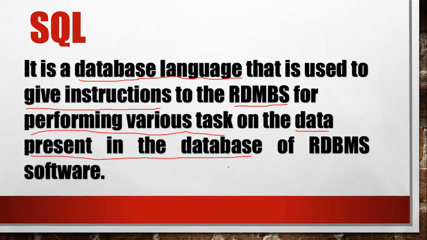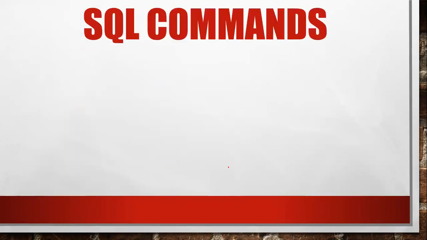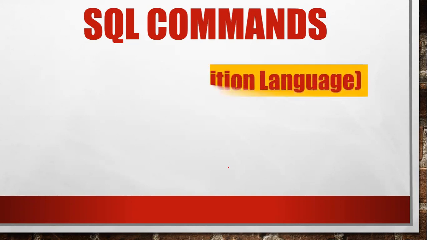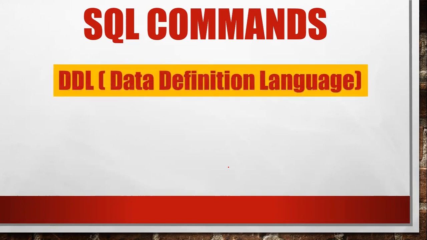Okay, now basically, as we know that SQL is used to give instructions, through SQL we are sending some commands to the MySQL software. So the commands of SQL are categorized into the following categories. The first category is DDL, which is called data definition language.